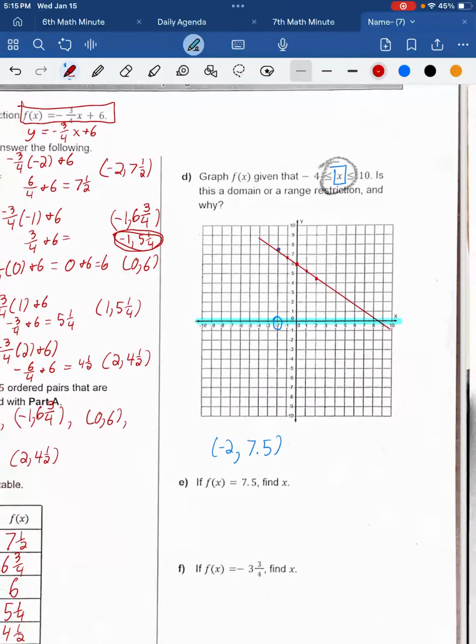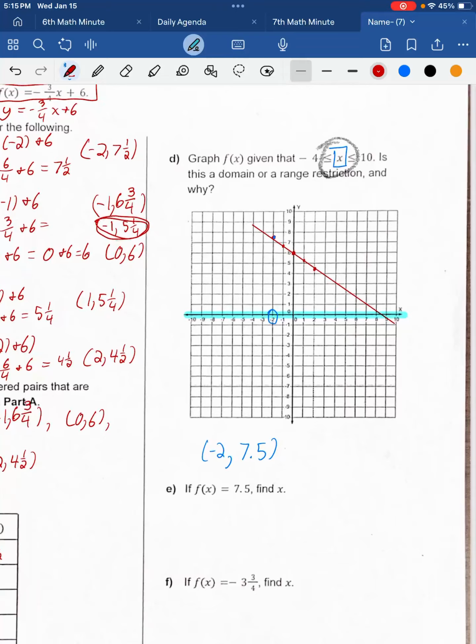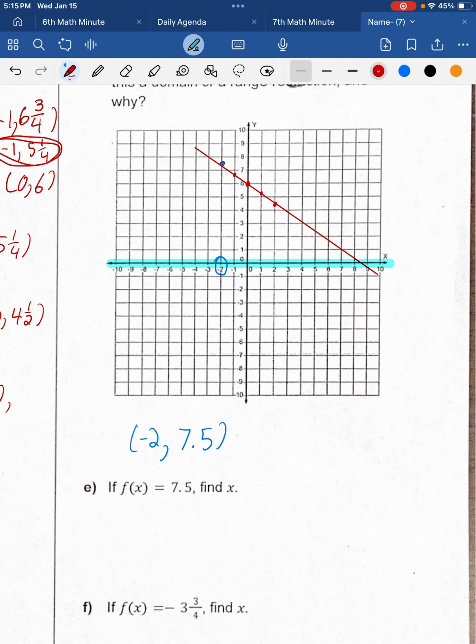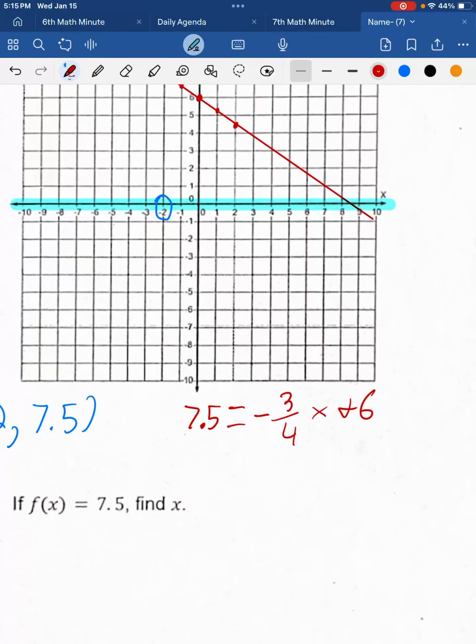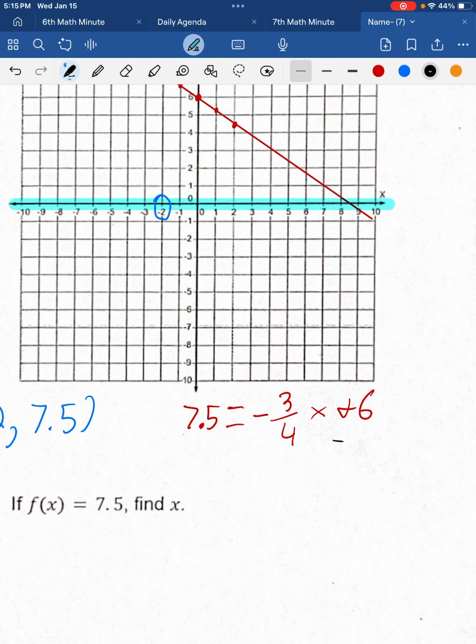So the original equation or the function is -3/4 x plus 6. I'm going to rewrite that. -3/4 x plus 6. And I'm saying if this is equal to 7.5. So when we're solving this equation, we would subtract 6 from both sides. We're left with 1.5 equals -3/4 x. When I'm solving this, I'm going to multiply by the reciprocal.